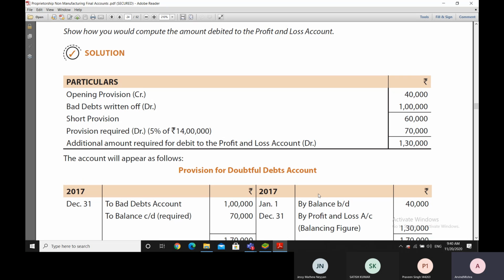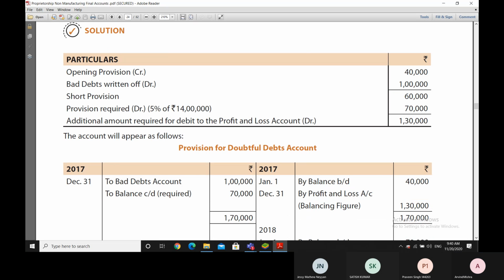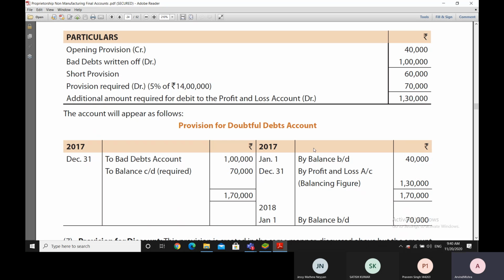So since we need this provision of 1,30,000 rupees, we will make this provision in the provision for doubtful debts account, as we are seeing the balancing figure here, 1,30,000 rupees.